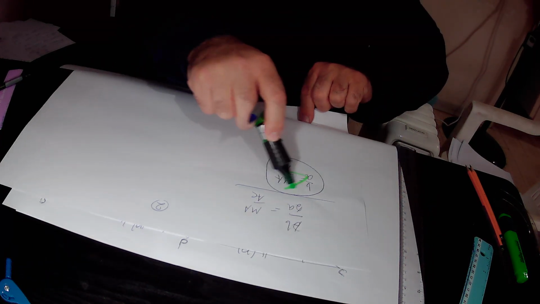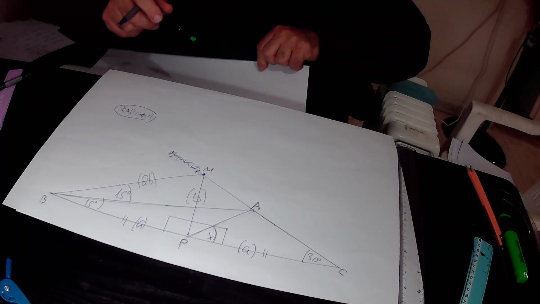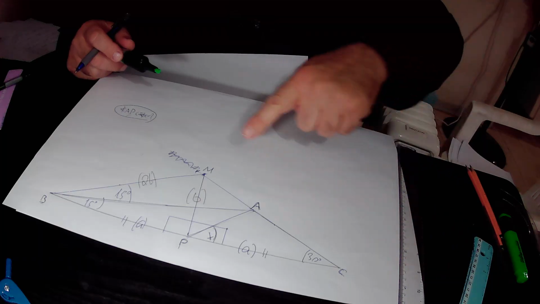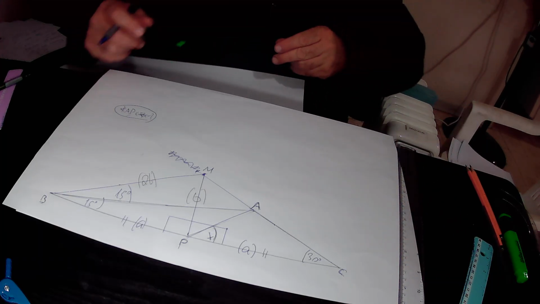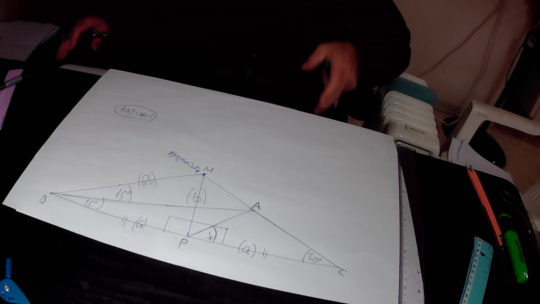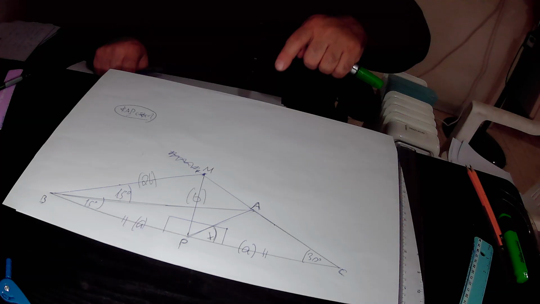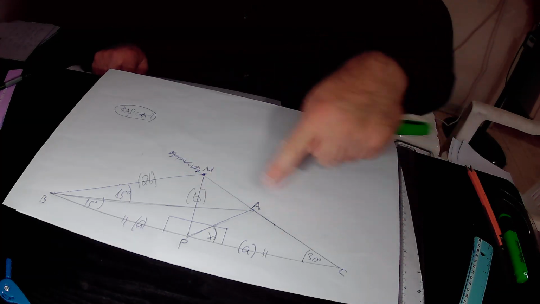But again, we found that according to the angle bisector theorem, B over A equals MA over AC. In the next step, we will focus on this right triangle MPC.